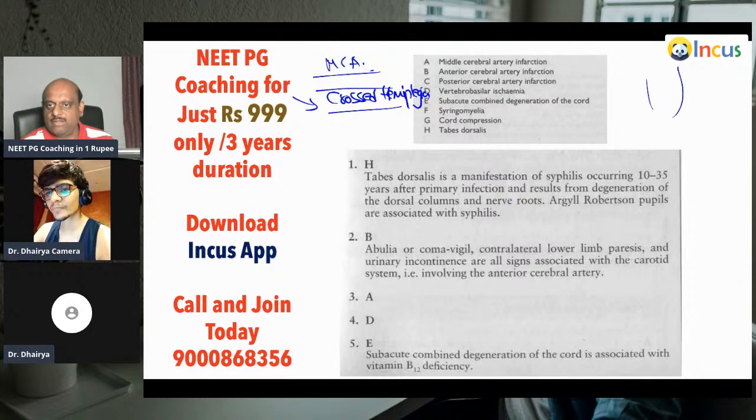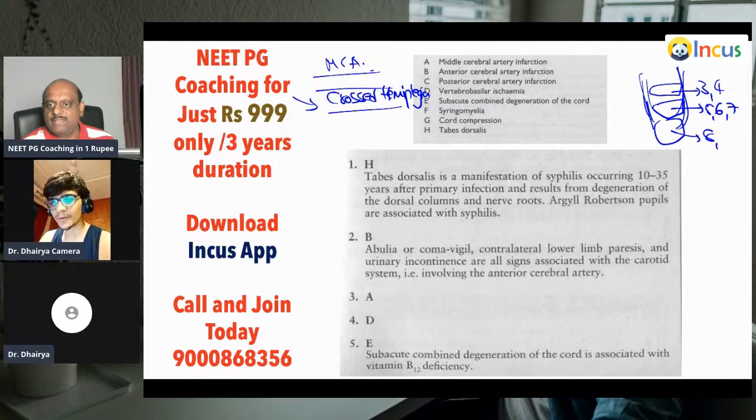If you look at the brainstem, in the midbrain you have the third and fourth cranial nuclei. In the pons you have the fifth, sixth, and seventh, and the eighth, ninth, 10th are located in the medulla. Now your corticospinal tract is descending down, let us say on this side.